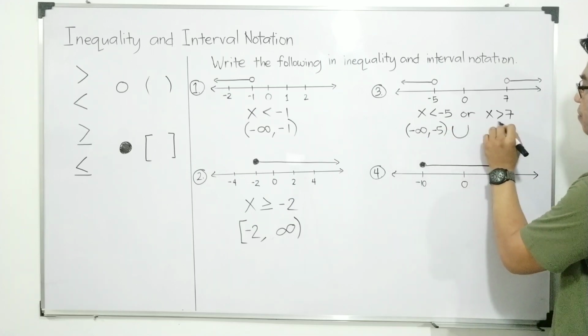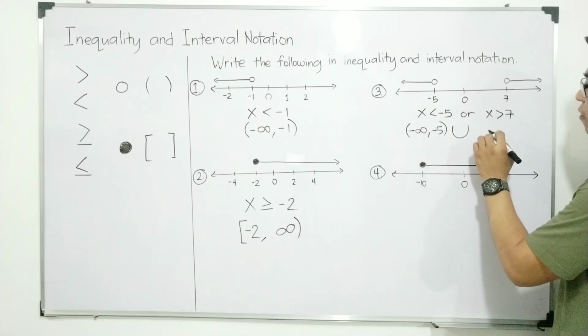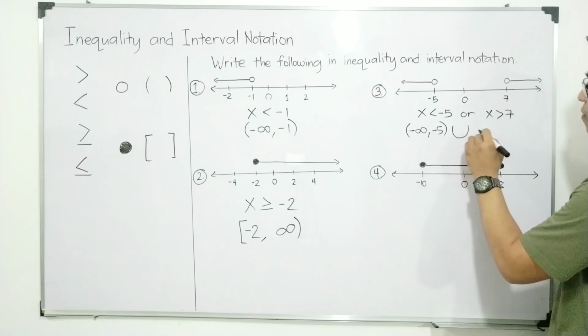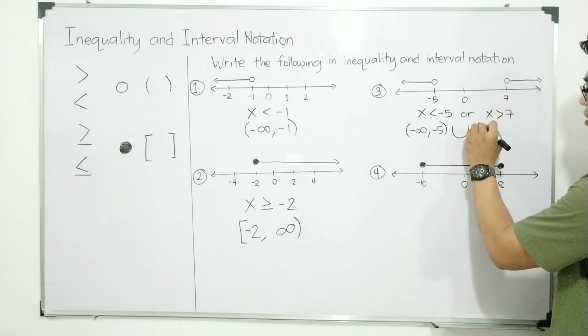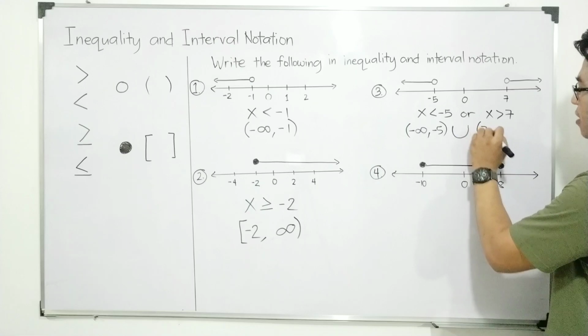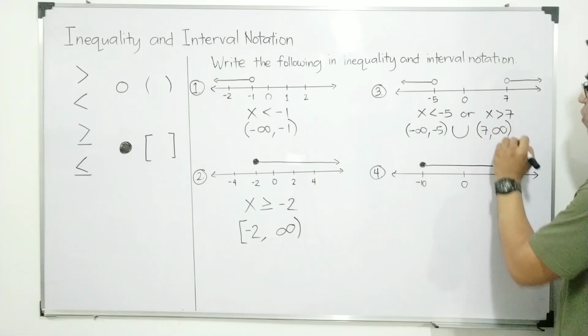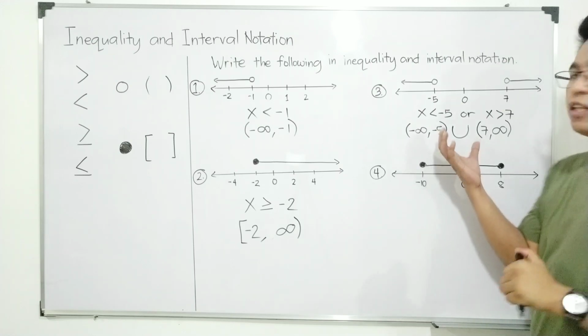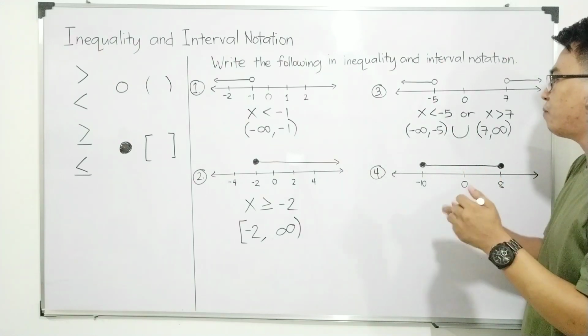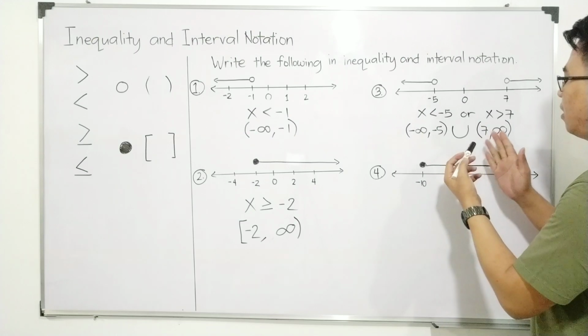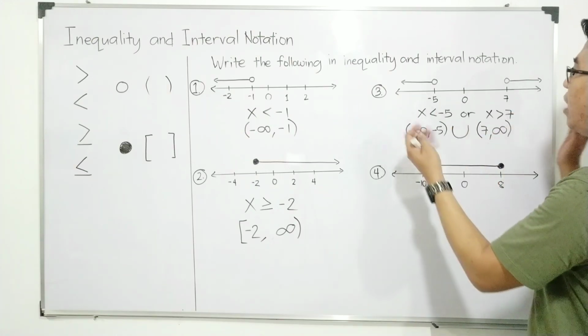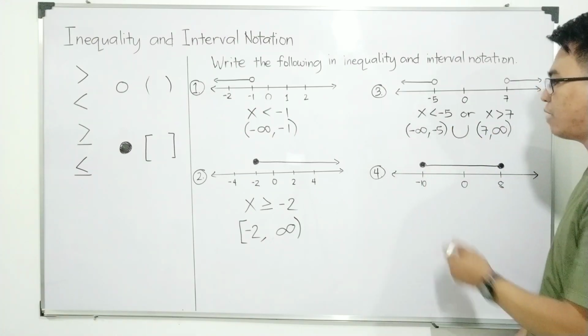And as for x is greater than 7, we will be using this interval notation, parenthesis, 7, comma, positive infinity or infinity, and then close parenthesis. Medyo nakalito lang to, but as long as alam niyo yung paggamit ng symbols, tapos yung representation ng bawat lines natin dito, hindi kayo mawawala.